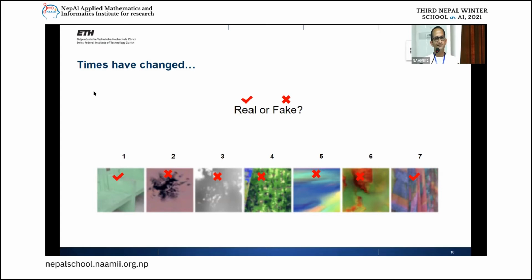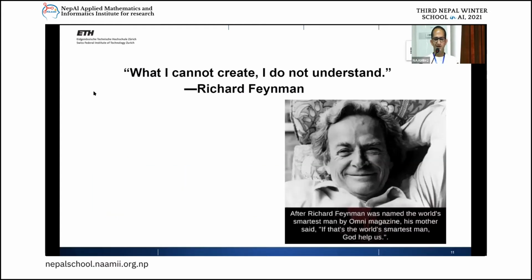But my viewpoint aligns with Richard Feynman, who said, what I cannot create, I do not understand. If I really want to understand what's in an image, I should be able to generate the image. Otherwise, I just do not know what an image is.